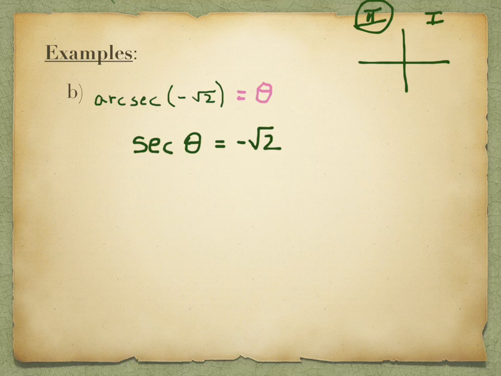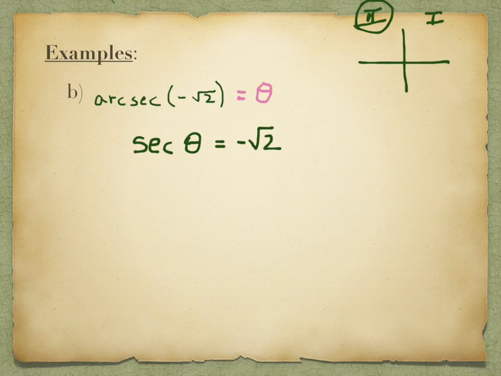But all right, so this secant value, secant of theta equals negative square root of 2. Again, I don't really think in terms of secant very well. Maybe you guys do. But I think in terms of sine and cosine really well with unit circles, because sine and cosine are the x or the y value. And I would like to be able to change secant into its reciprocal, because what's the reciprocal of secant? Cosine.